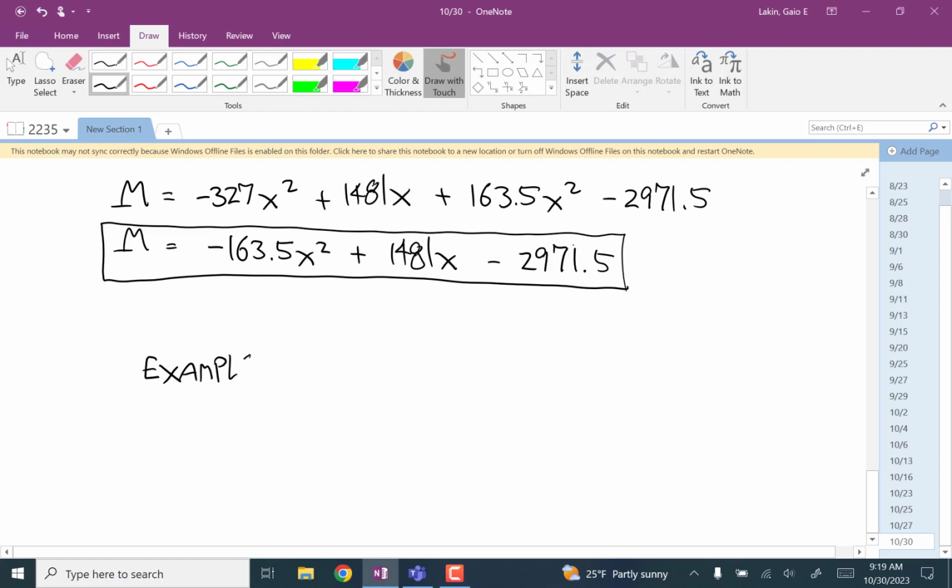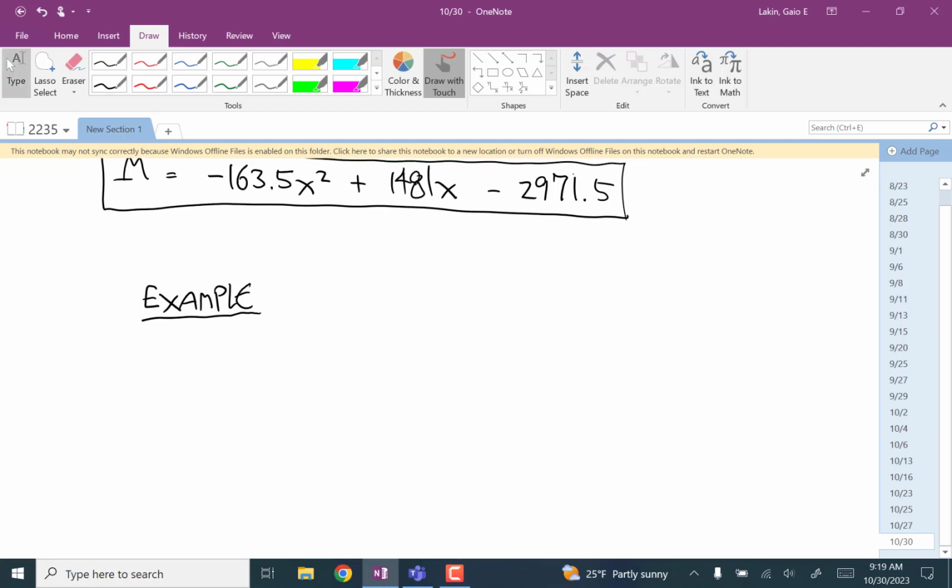Okay, so now, this is the last little wrinkle. So now what about something like this? Let's start with a cantilever beam.